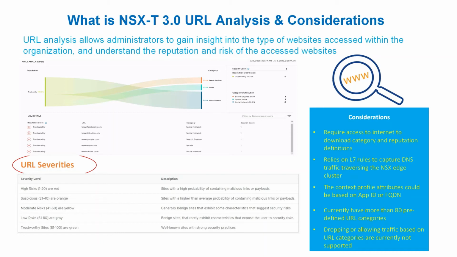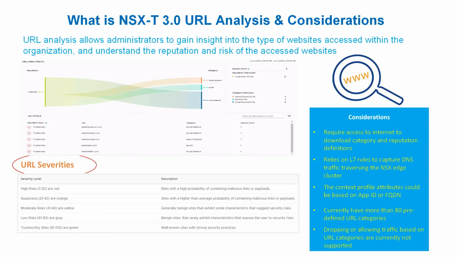It does not support doing any kind of filtering or any kind of action based on those details, which may come in later releases, I believe. And also, as part of the system, you have more than 80 predefined URL categories.